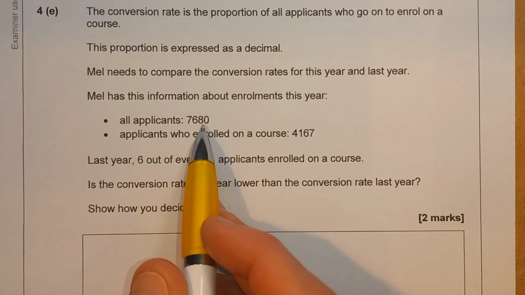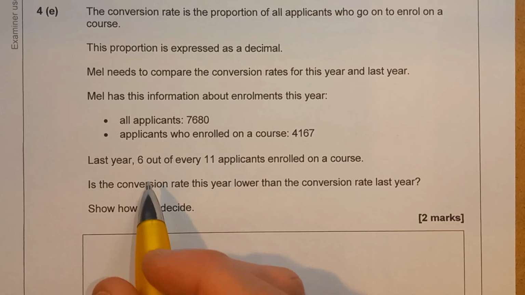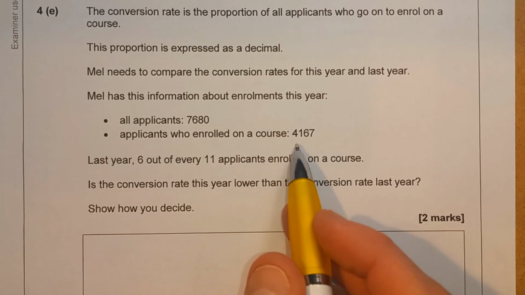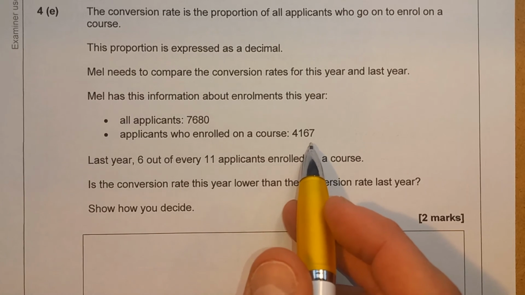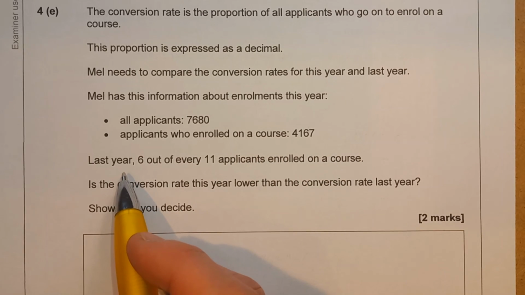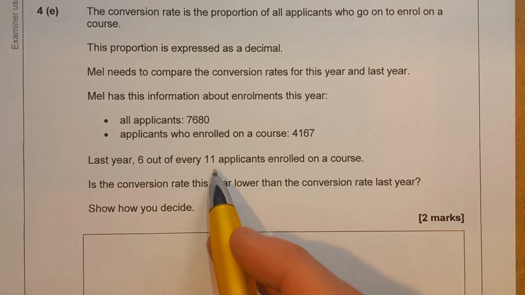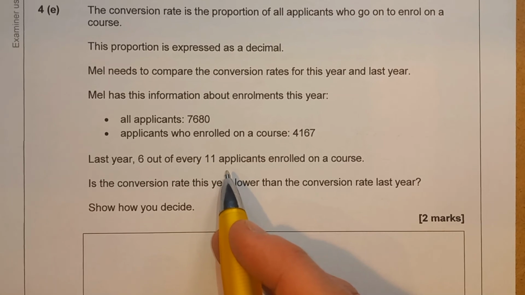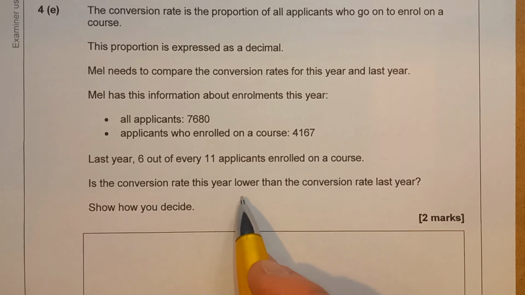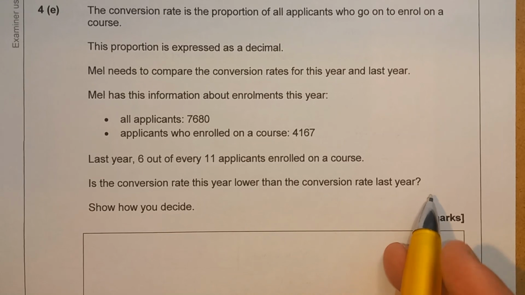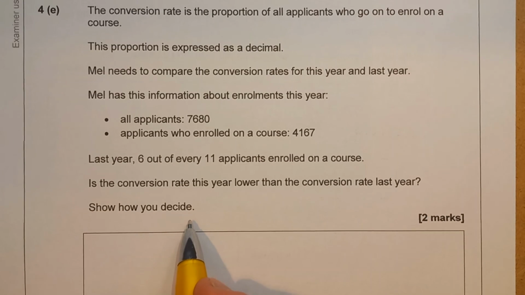There were 7,680 applicants, and the applicants who enrolled on a course were 4,167. Last year, 6 out of every 11 applicants enrolled on a course. Is the conversion rate this year lower than the conversion rate last year? Show how you decide. Right, well, we want it as a decimal, so what should we do first?